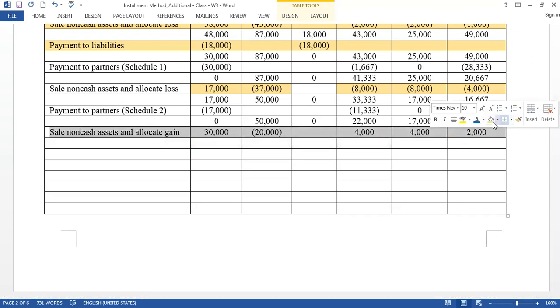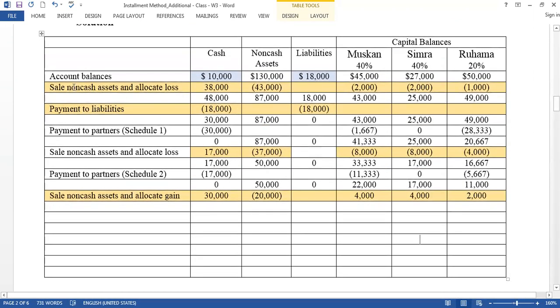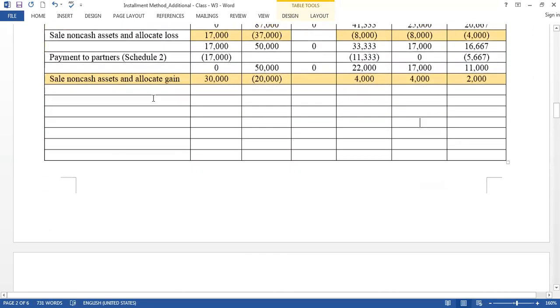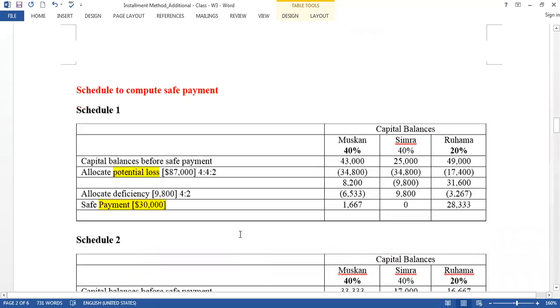Now I am going to show you the journal entries for this, because I already showed you journal entries for selling non-cash assets and allocating loss, right? Now I am going to show you selling non-cash assets and allocating gain. What is the journal entry for this? Let's see.